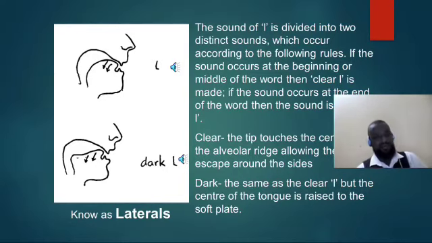Look at this example here. This is the tongue, and we see that the tongue is raised to pronounce the la sound. For example, little: the difference between the la at the first and the la at the end of the word.